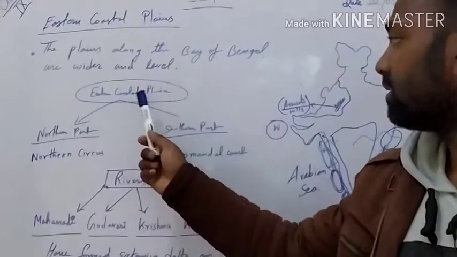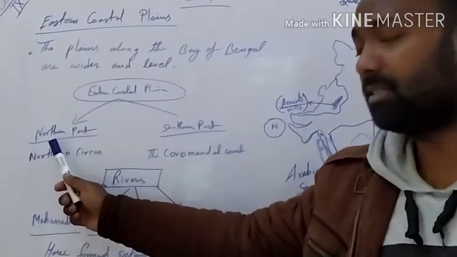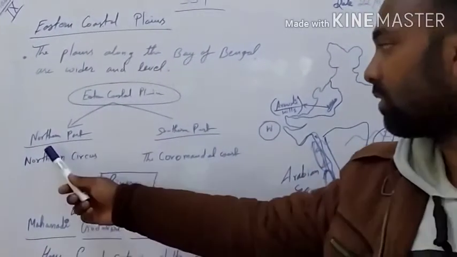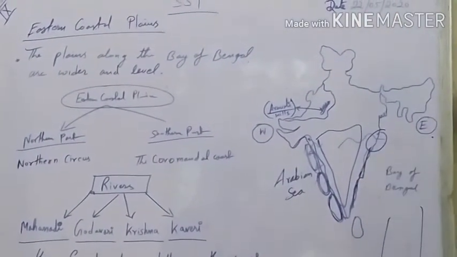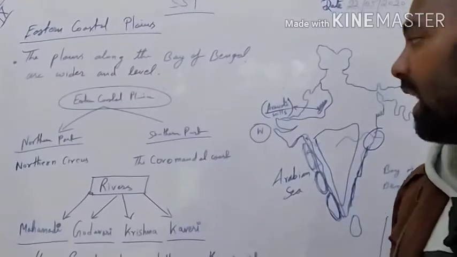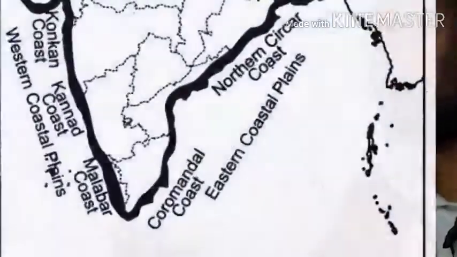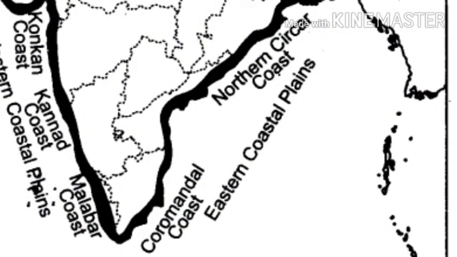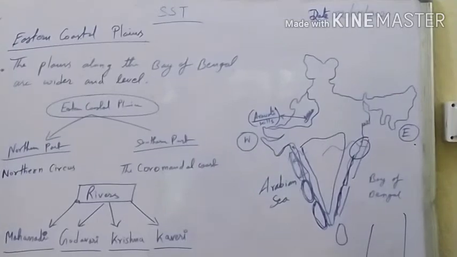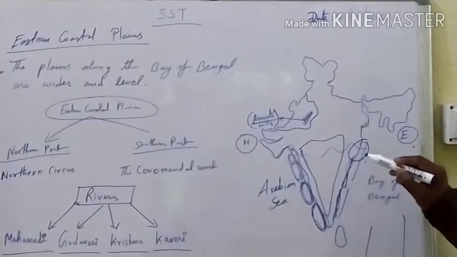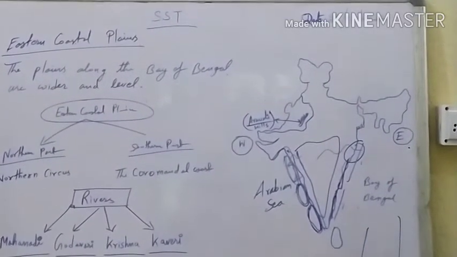The eastern coastal plain has been divided into two parts, the northern part and the southern part. The northern part is referred to as the Northern Circars, and the southern part is referred to as the Coromandel coast. This is the northern part and this is the southern part. This is called the Northern Circars and this is the Coromandel coast.